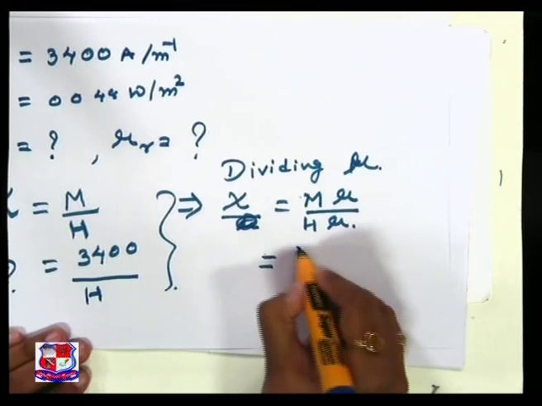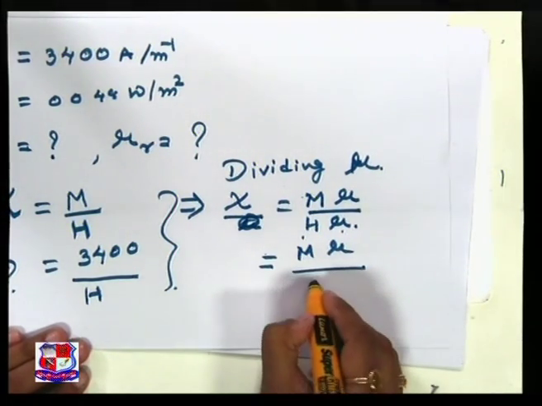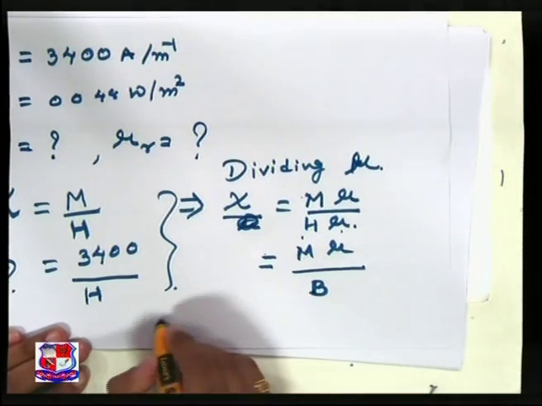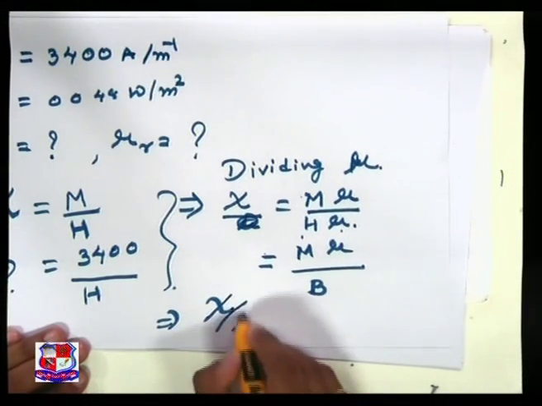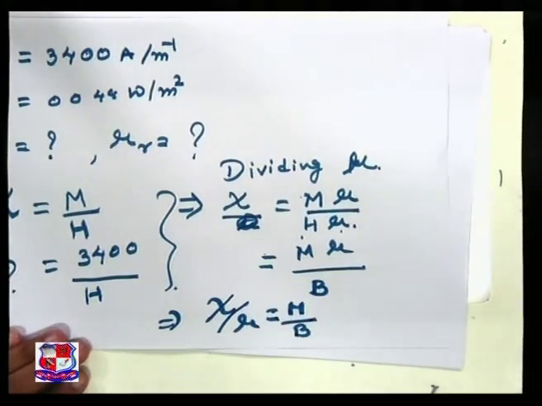So m by mu h, what is mu h? That is b. Or in another case, chi by mu is equal to m by b, right?